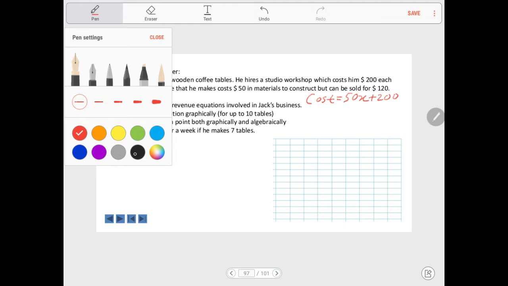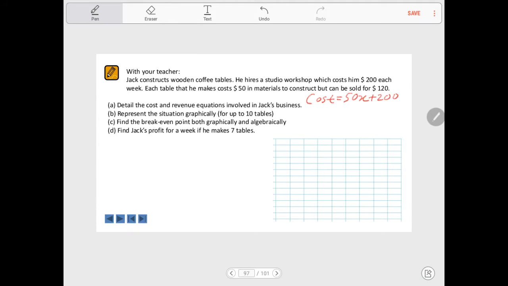I'll write that down in a moment, but first I'll put the revenue equation down. Okay, revenue. Well, each table sells for $120, so 120 by X number of tables will be the revenue equation. So X equals the number of tables in both equations.